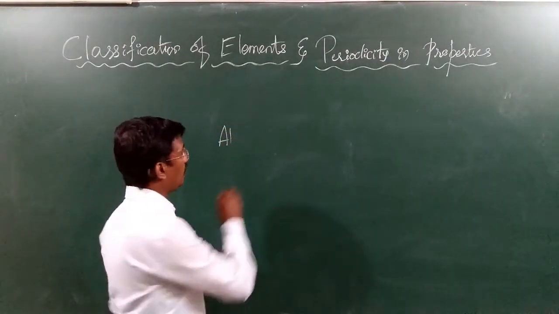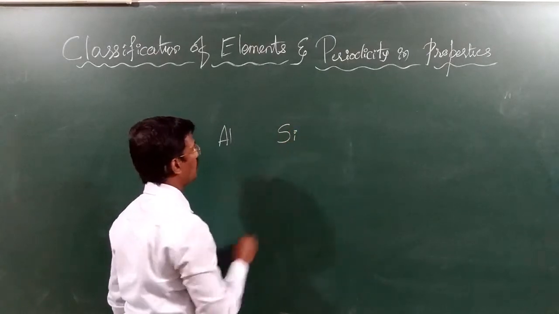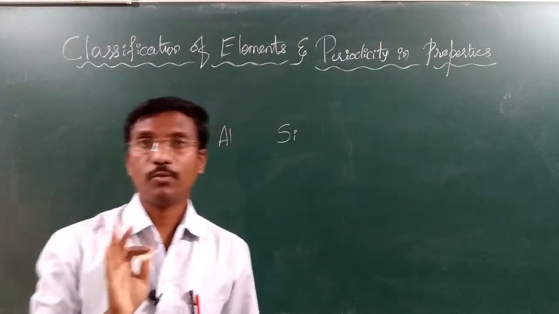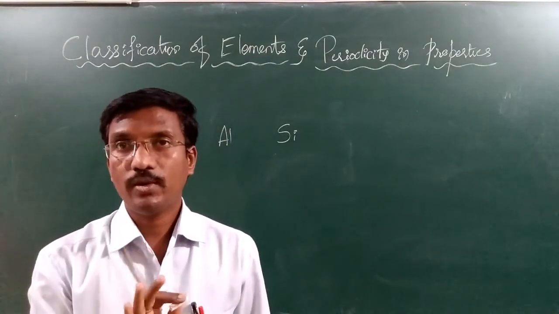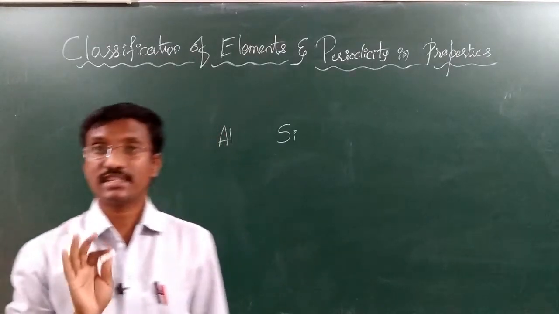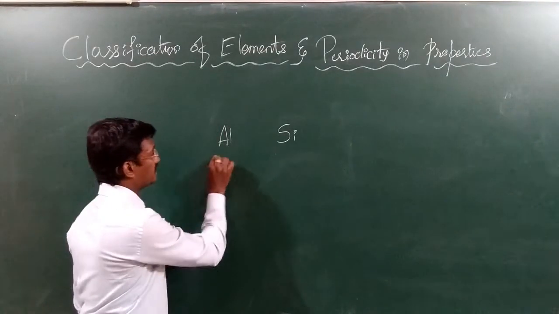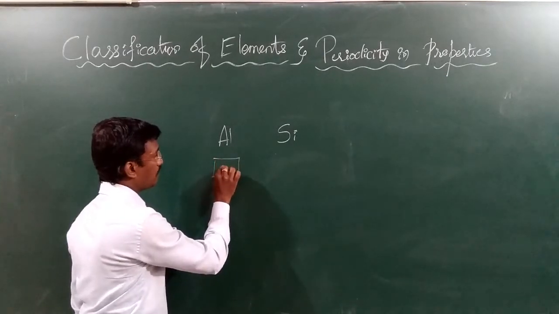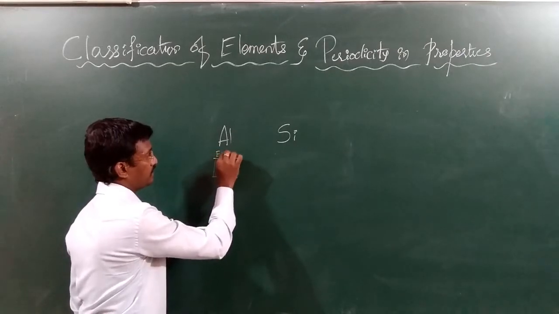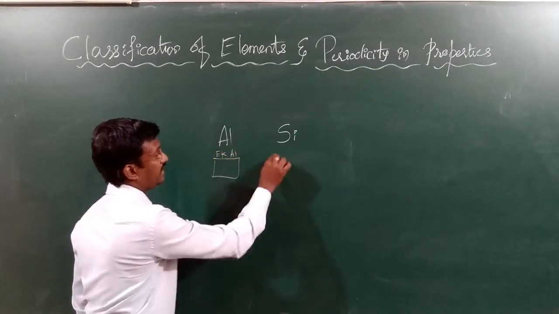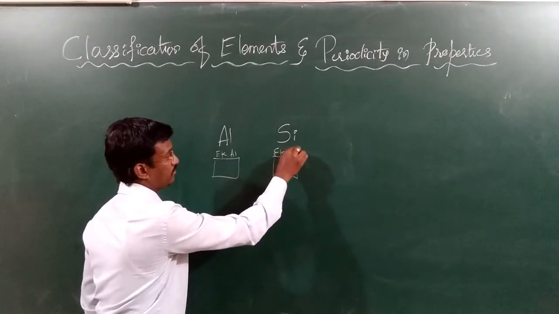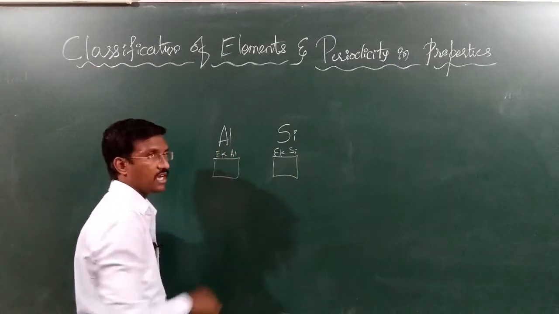And what are those two elements? Mendeleev said eka-aluminium and eka-silicon. Below the aluminium and below the silicon, he kept spaces vacant. He said that those two elements had not yet been discovered at the time, but he kept the gaps vacant, and he named the gap below aluminium as eka-aluminium and the one below silicon as eka-silicon.